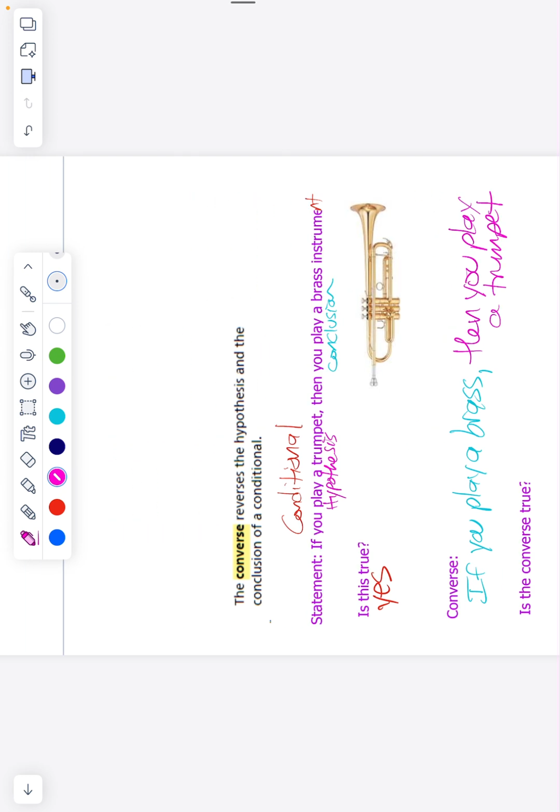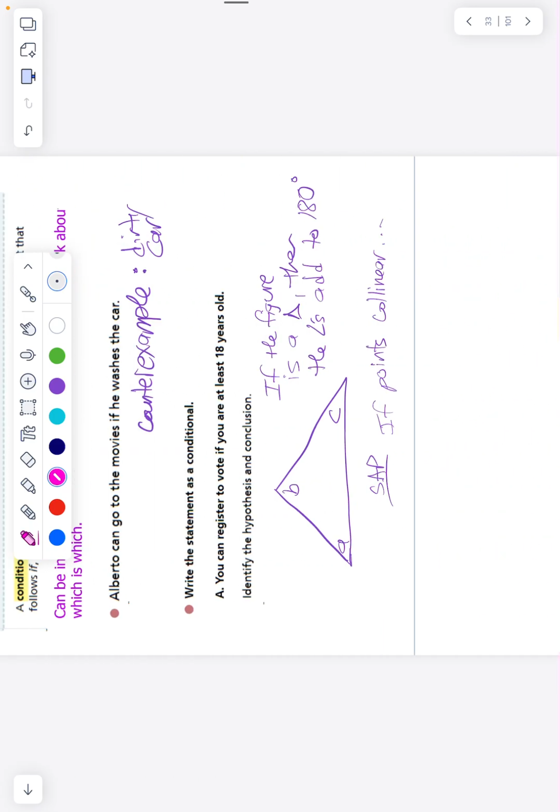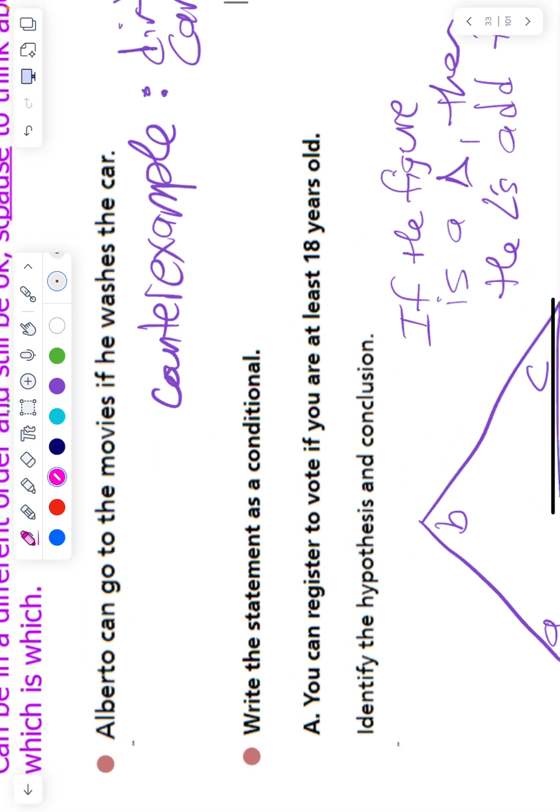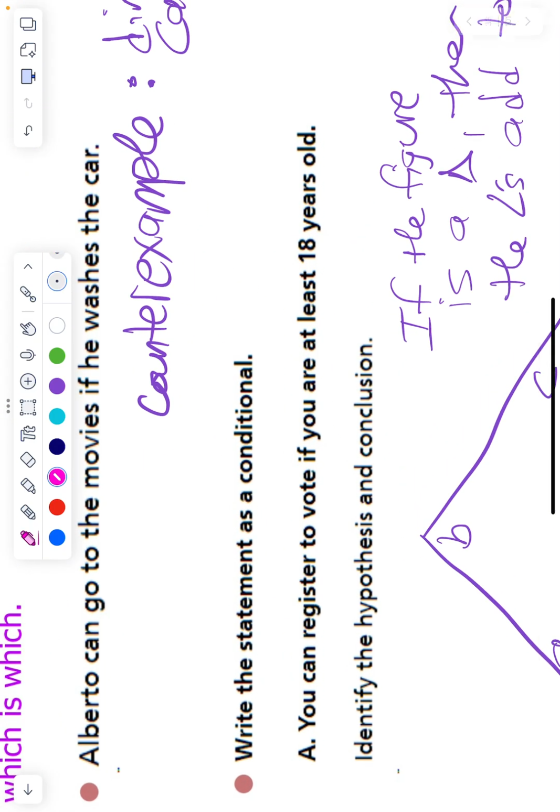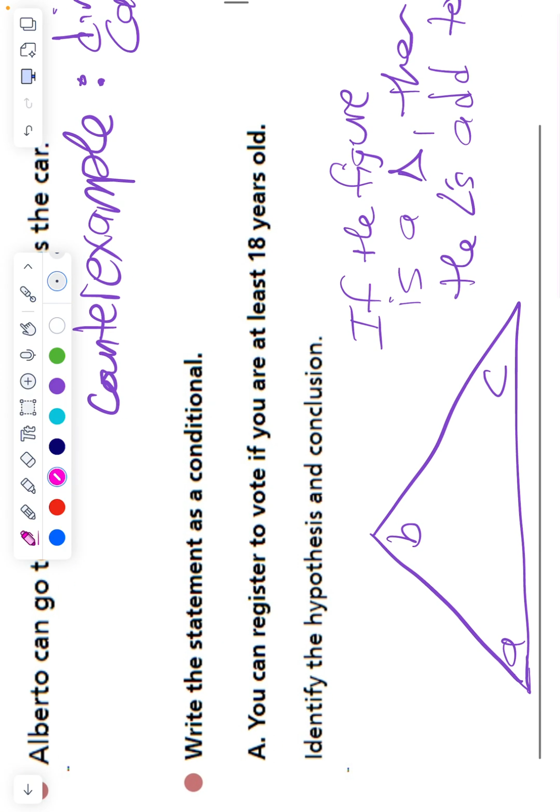I want to go back though to this one. Yes, we flip-flop, but we have to know what the hypothesis and conclusion are first, because we don't want to just flip-flop the order if it's the wrong order to start with. Does that make sense? So in this one, which one is the hypothesis?